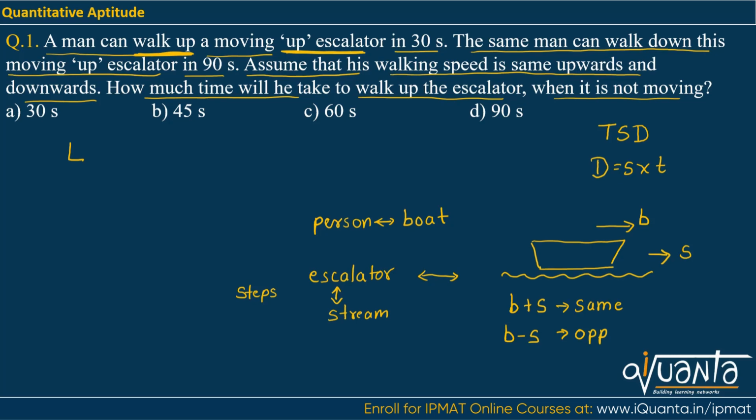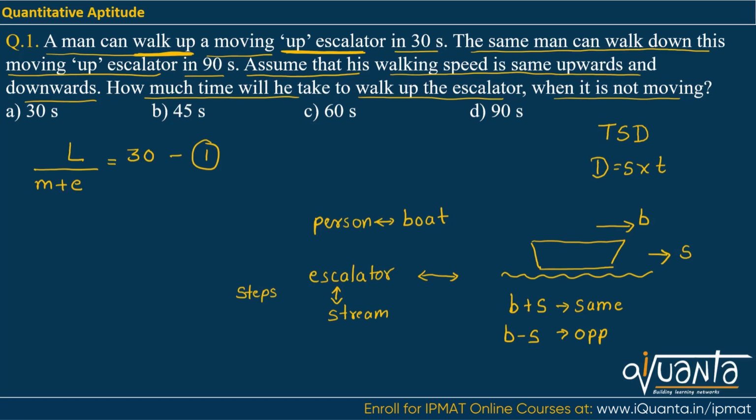That means the net speed will be added. Let me assume speed of man as M, escalator as E. So while they are moving in the same direction, the man covers the escalator in 30 seconds. This is basically distance upon speed equal to time, which is 30 seconds. So this is one equation that we get.